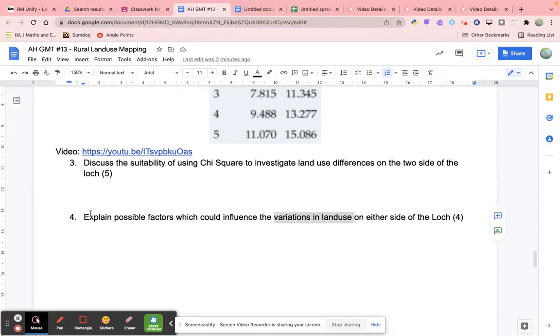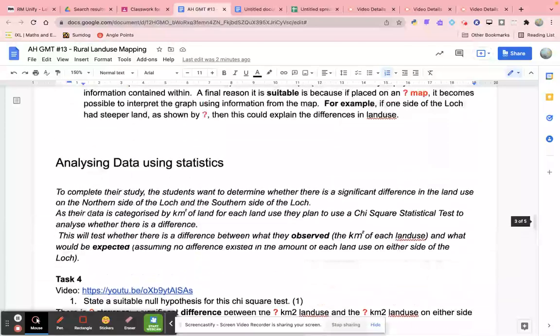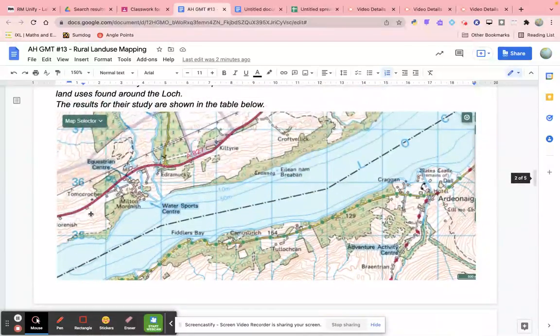Okay, now the second factor is to do with wind direction. So I'm going to have a look at our map here. And here's our north-facing slope, and here's our south-facing slope. Sorry, our north-facing slope's this way, and our south-facing slope's this way. Now, wind direction in the UK comes from the southwest, so it comes from here across that way. And that's going to have an impact on a variety of things.